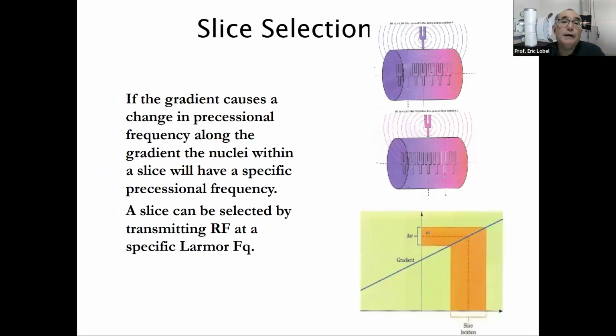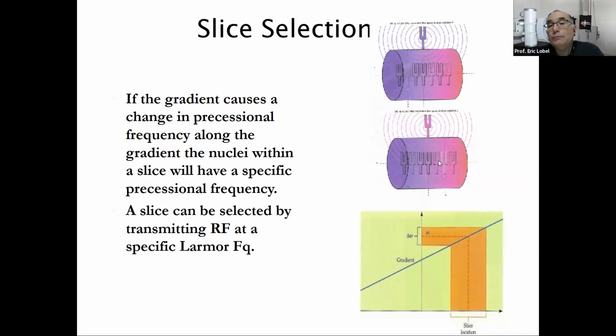But the first step is correct here, slice selection. The way this works, if you remember from the beginning how the Larmor equation works, is when we alter the magnetic field, which our gradient is going to do for us, we are going to then have protons that are, let's say, in a line next to each other.